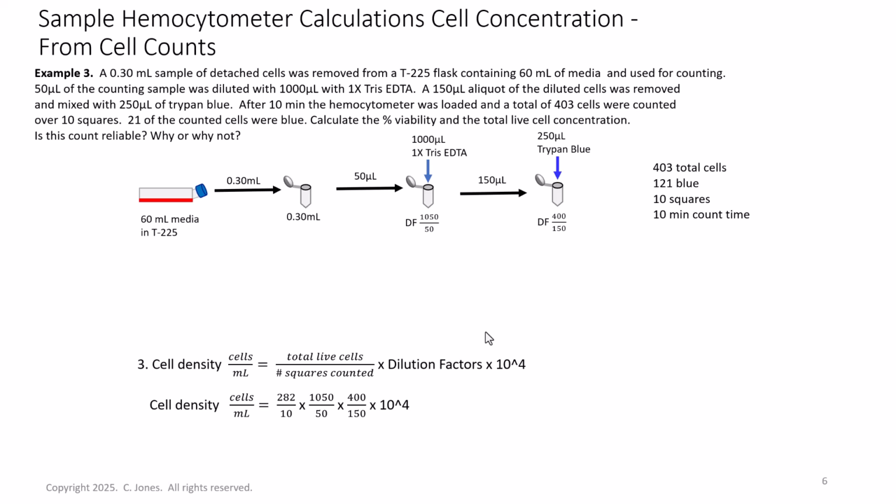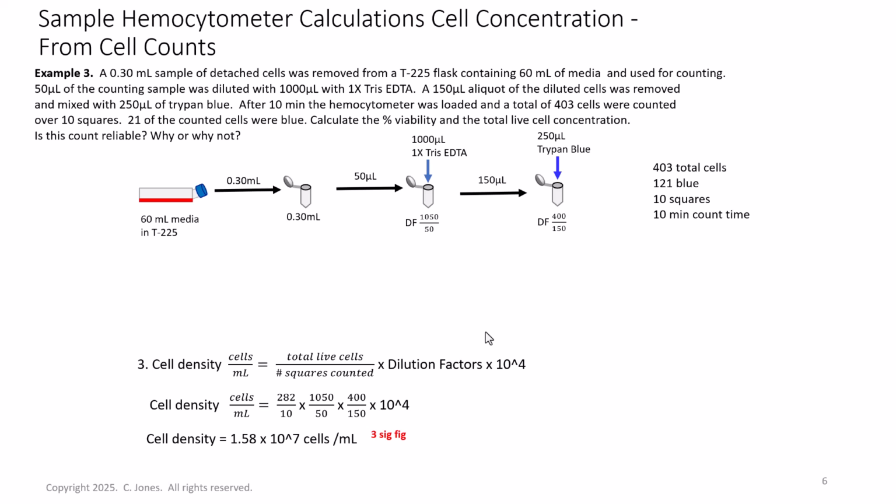Times 400 over 150, times 10 to the fourth. Okay. And when we do that calculation, we get 1.58 times 10 to the seventh cells per mil, again observing three significant figures. Okay, so we've calculated percent viability. We've calculated the cell density.